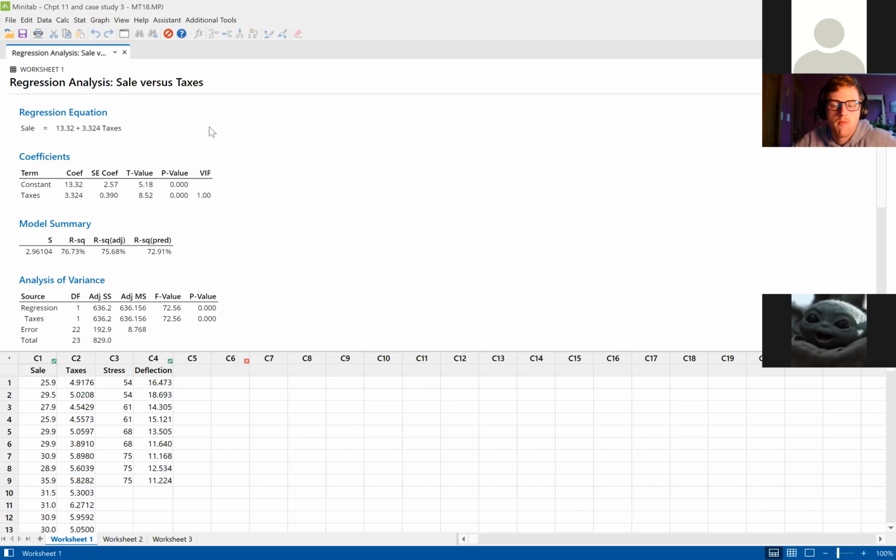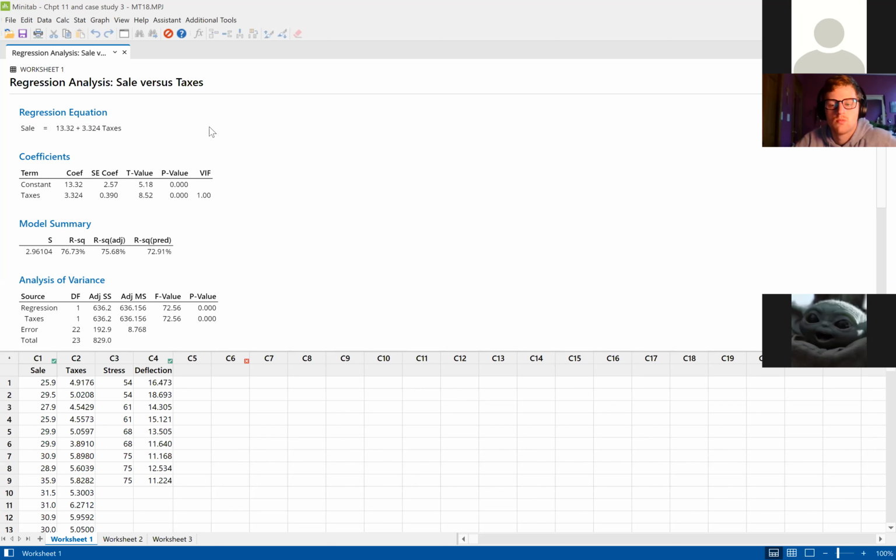So just like all of our hypothesis testing, where we look at the probability that the sample in fact aligns with the true population, these regression equations are only as good as the sample data that we use to build them.